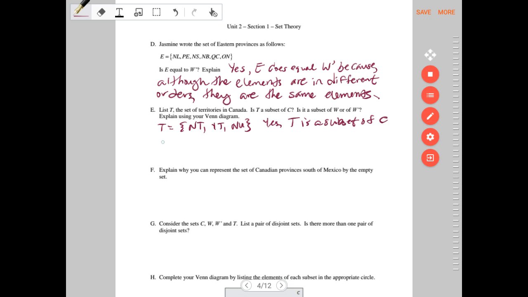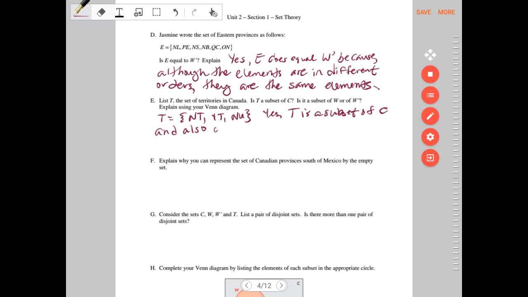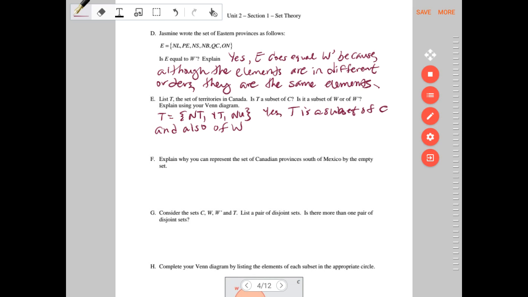Okay. And also, what other one does it belong to? All of those things were found in W, and also of W. Okay. Because all elements in T are also in C and W. Okay?